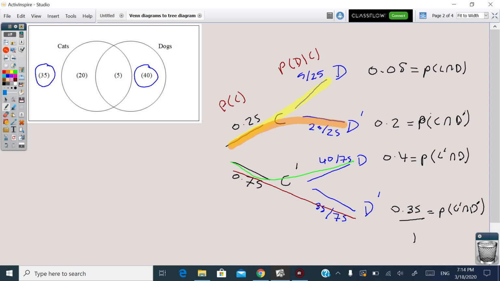So it seems pretty obvious that when we multiply P of C times P of D given C, that equals the probability of C intersection D. Let's see if this works here. The probability here is the probability of D prime given C, and the product of P of C times P of D prime given C equals the probability of C intersection D prime, and the same rule holds.